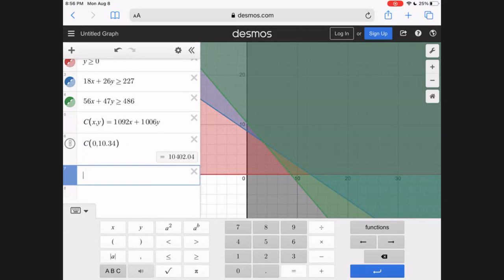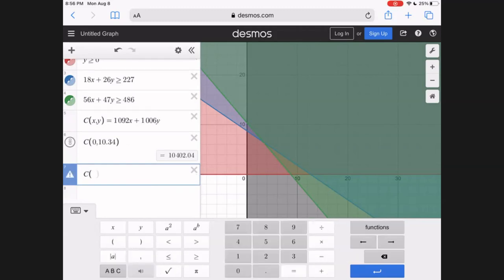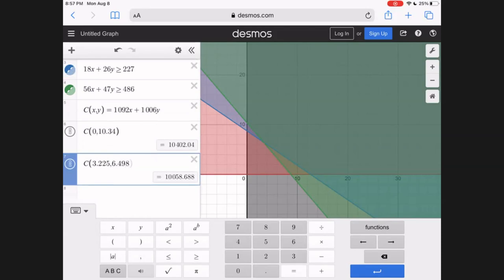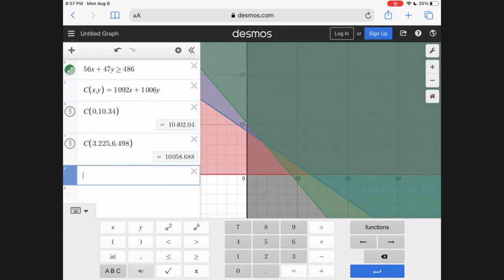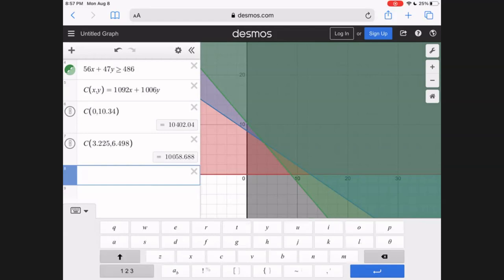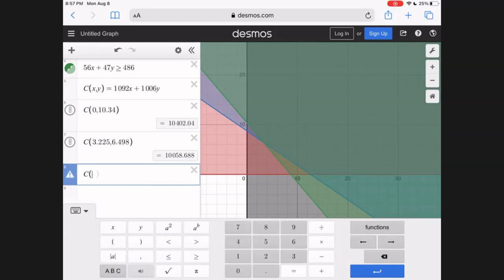Now if we look at the next one, we're just doing function notation, evaluating each one. 3.225, comma, 6.489. We get that it's 10,058 for that second point. And then for the last point here, 12.61, we get 13,768. So we see that the middle one is the smallest.